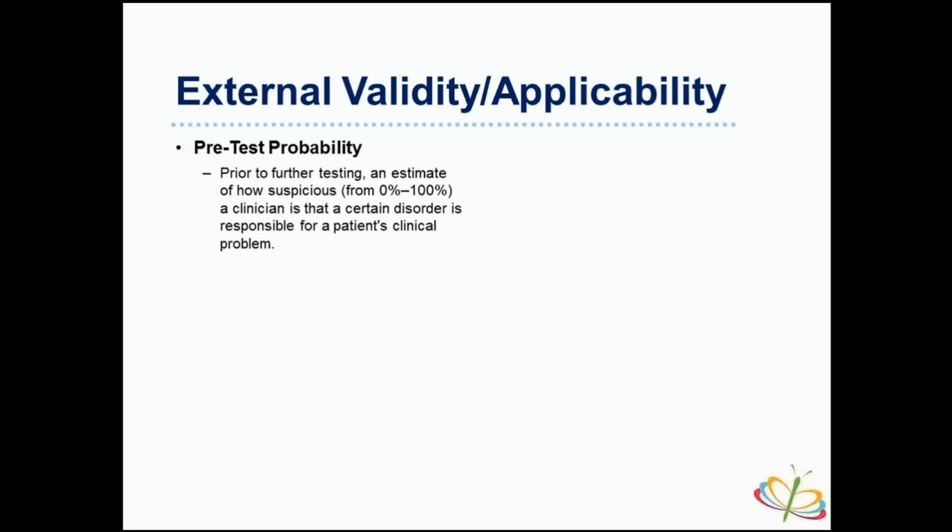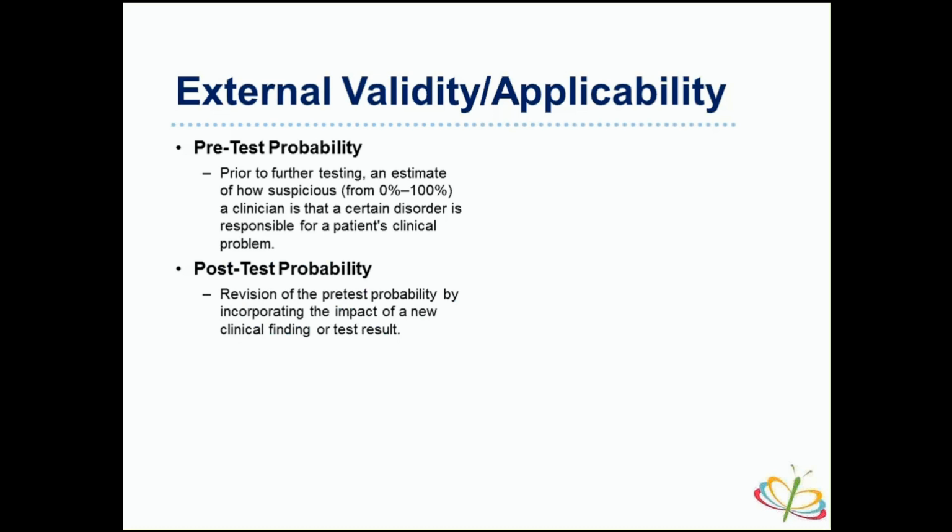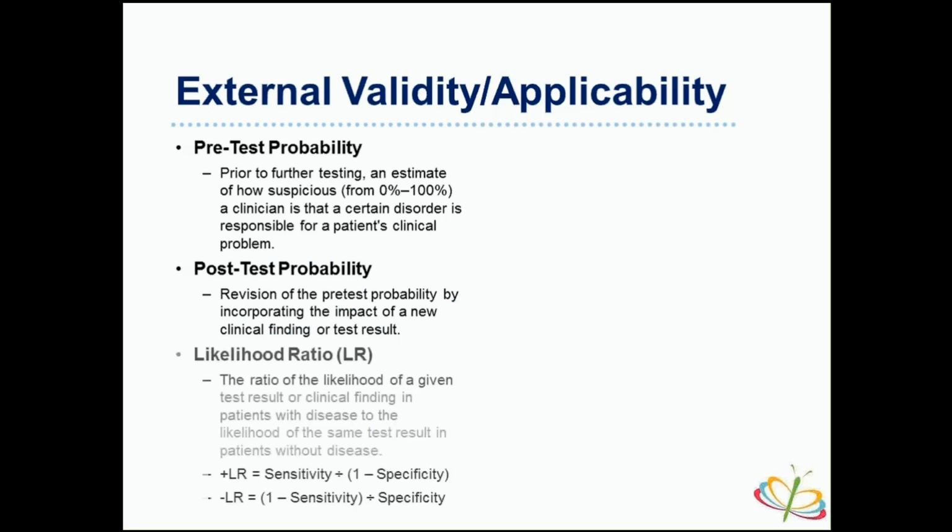But in general, if you're dealing with a very broad group, using the known prevalence is the way to go. Post-test probability is the revision of that after you've done your test or your physical exam finding, which then should move you along your diagnostic path.